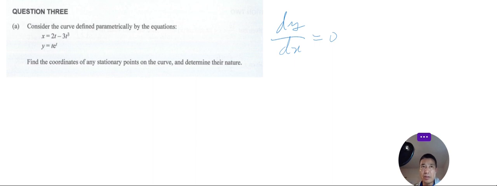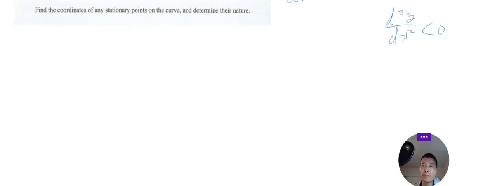Then to determine the nature of the stationary point, you have to go d squared y over dx squared, right? So I just remind you, when you plug that t into this, if it is positive, that is a local minimum, isn't it? If that is negative, that's a local maximum.